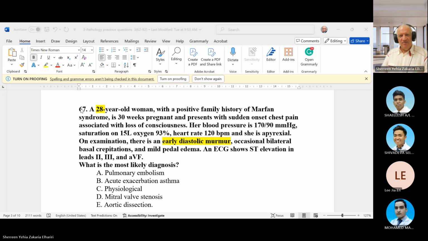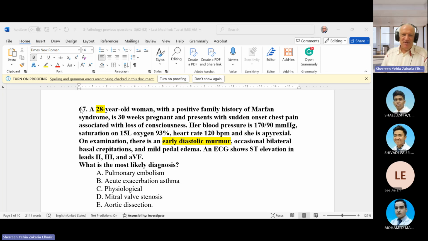Anyone? From anatomy. Brachiocephalic trunk? Say again? Brachiocephalic trunk. No, before that. It gives to the heart. What is the first branch of the aorta? It's the coronary. It is not a big branch, so usually we consider the big branches.